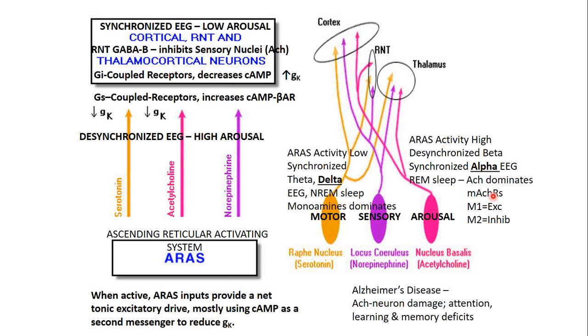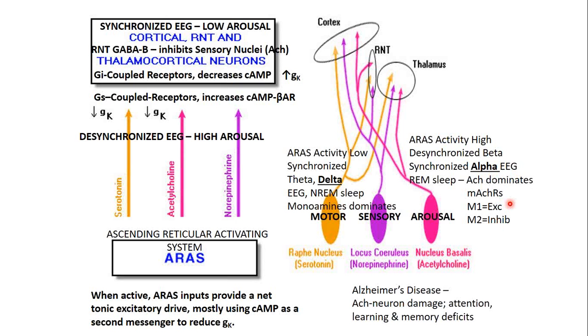Now, the acetylcholine dominates. Remember in the earlier slide we said there's a domination of the cholinergic inputs when we have the high arousal state. The ARAS activity is high. Through M1 excitatory and M2 inhibitory, those are muscarinic acetylcholine receptors called M1 and M2 on those pyramidal cells.